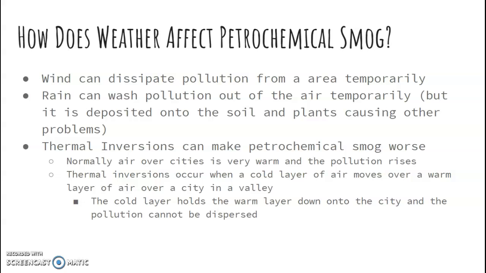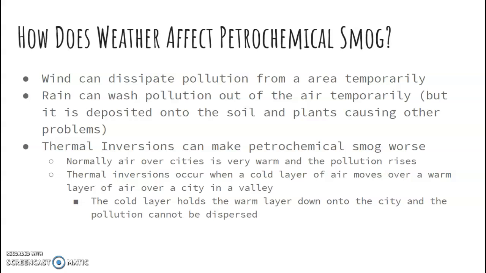So what happens is that air over the cities is usually pretty warm and the pollution just rises, okay? But thermal inversions are when a cold layer of air moves over the warm layer of air where there's a city, usually sitting in a valley.